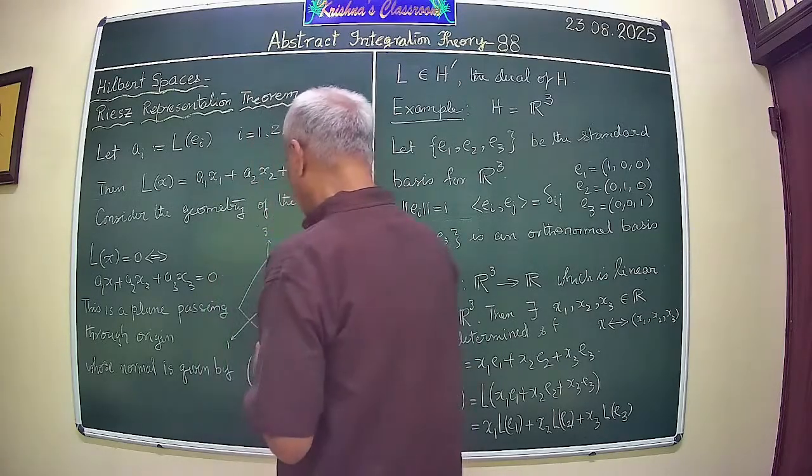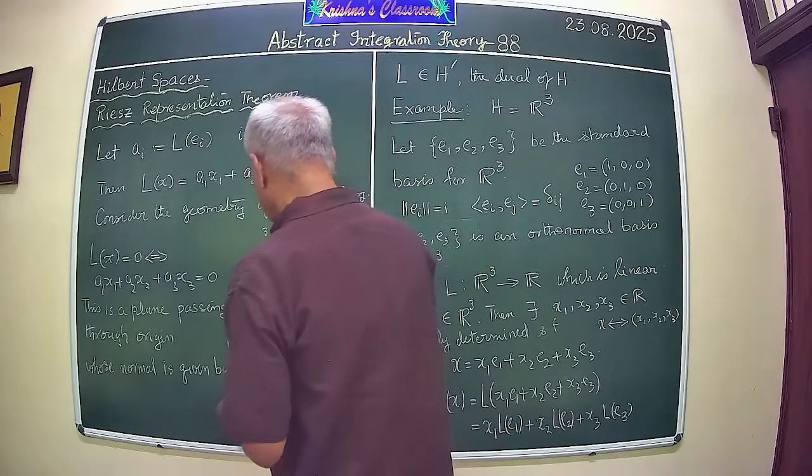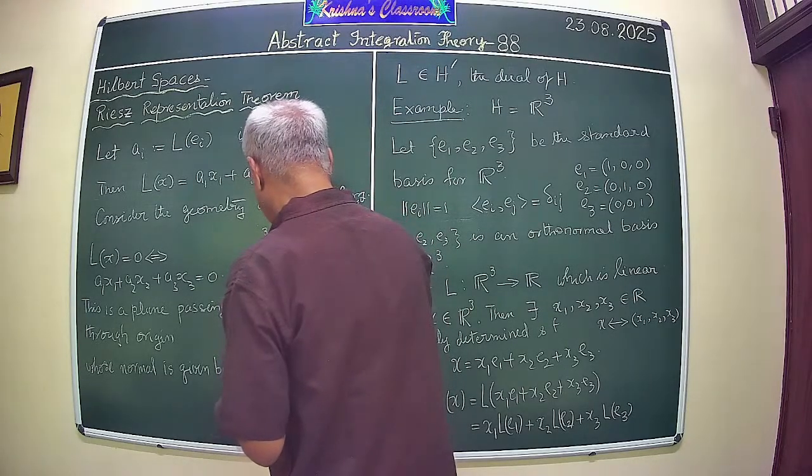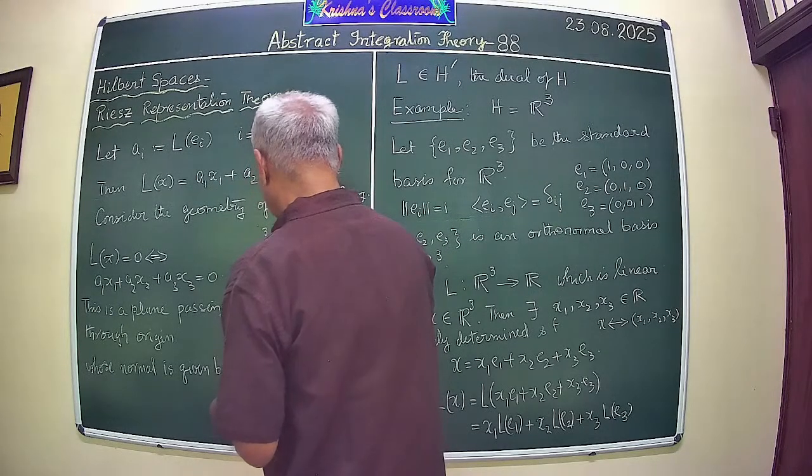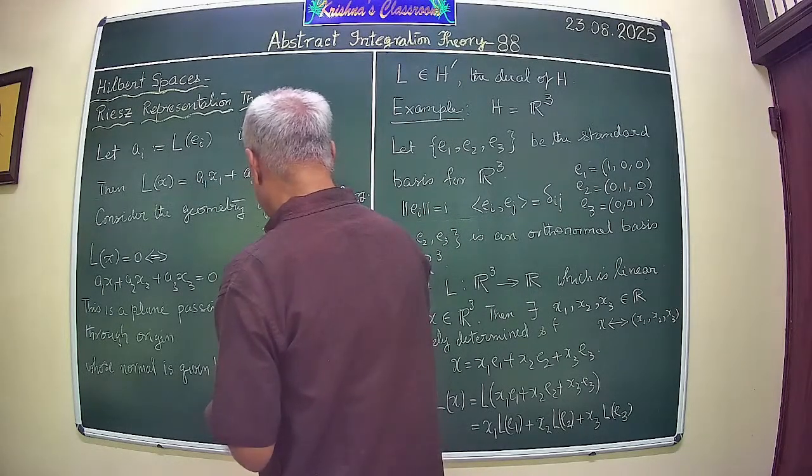So the normal is orthogonal to every vector in the plane.